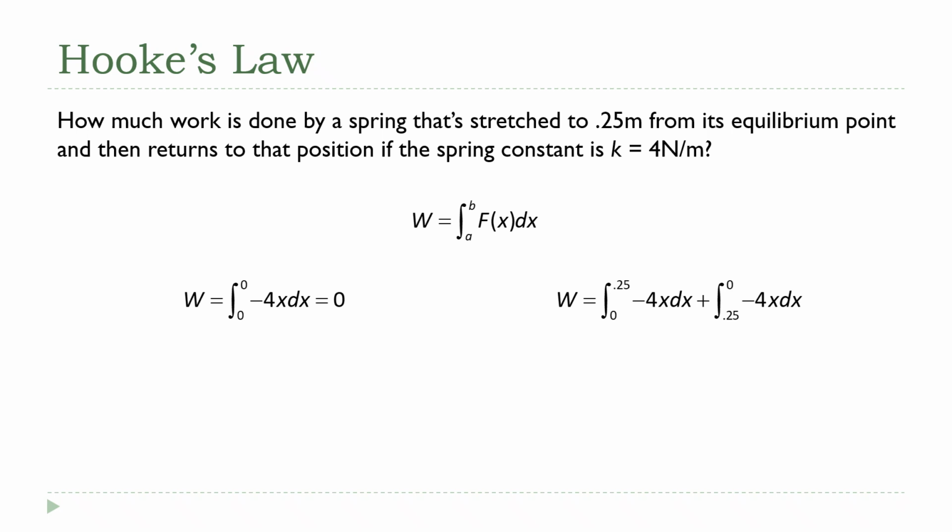And there's then the integral from 0.25 back to 0, that's the compressing part, where it's going back to the equilibrium position. The only difference is that the bounds are switched. So going back to our integral properties, the magnitudes of these integrals are the same, but they're going to have different signs. So they're going to cancel out, and the total work is going to end up being 0. That is something that could potentially happen.